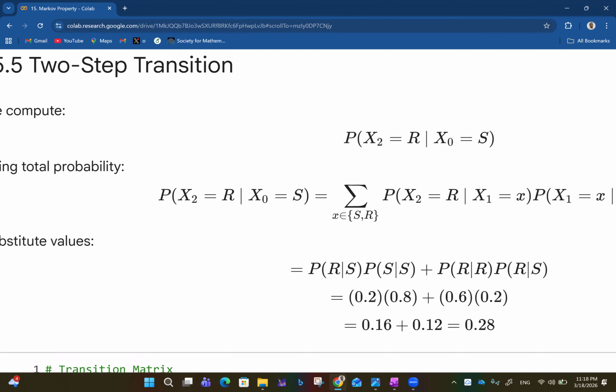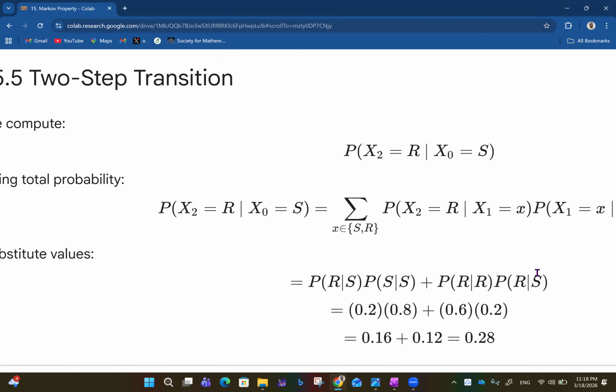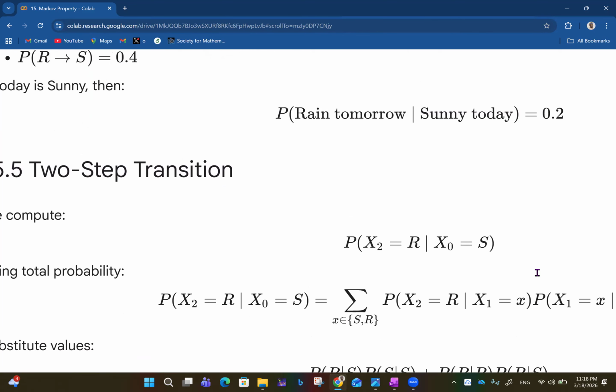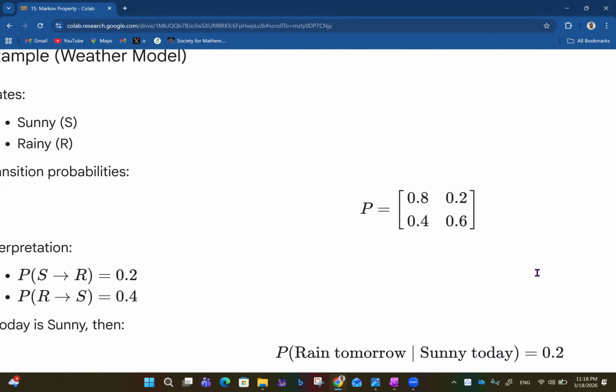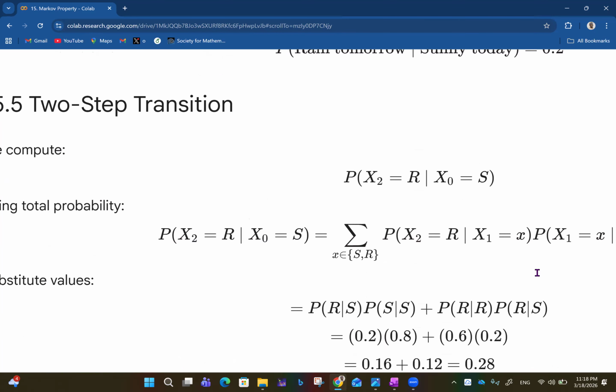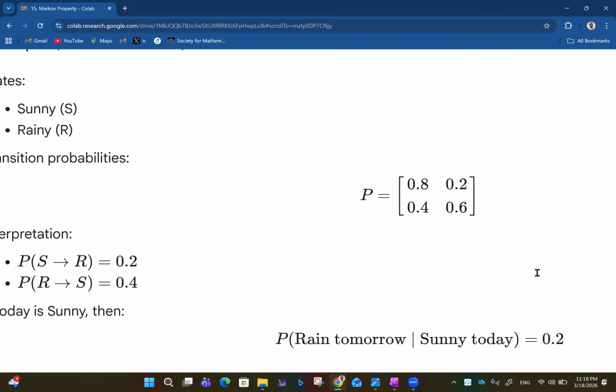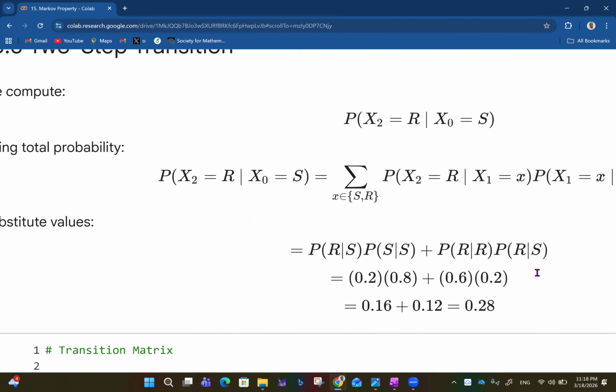So RS, SS, RR, RS. So that's R given S, right? R given S. That is R given S. That'll be moving from S to R. So S to R, that's 0.2 here. Okay, so I think I want to do this now.